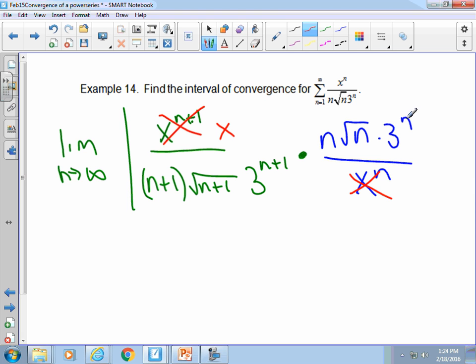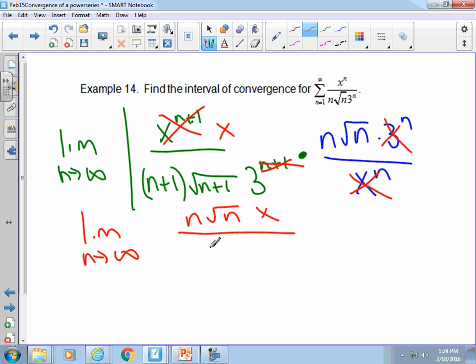Those cancel. The 3 to the n cancels with the 3 to the n plus 1 and just leaves you a 3. So I'm left with the limit as n approaches infinity of the square root of n times x over n times the square root of n. You can't get rid of them.